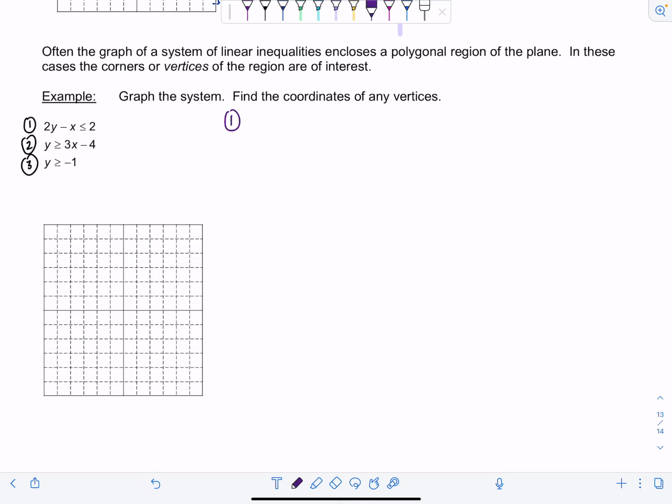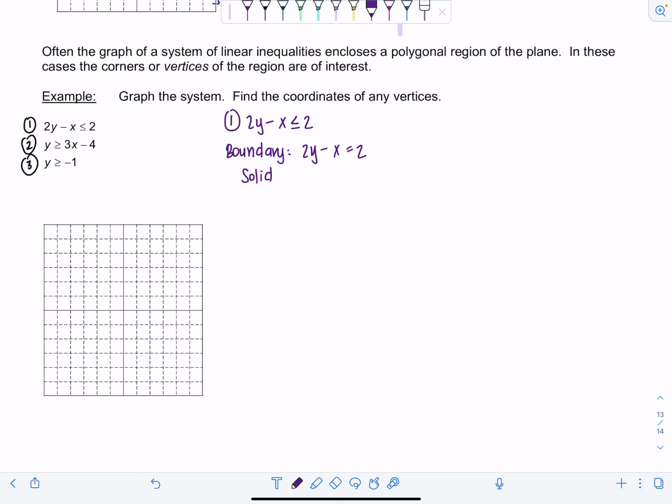We've got 2y minus x is less than or equal to 2. Okay, so the boundary is going to be 2y minus x equals 2. Is it going to be solid or dashed? Solid. Bravo. Okay. And then let's just get the x and y intercepts. So remember, imagine you're plugging in 0 for y.